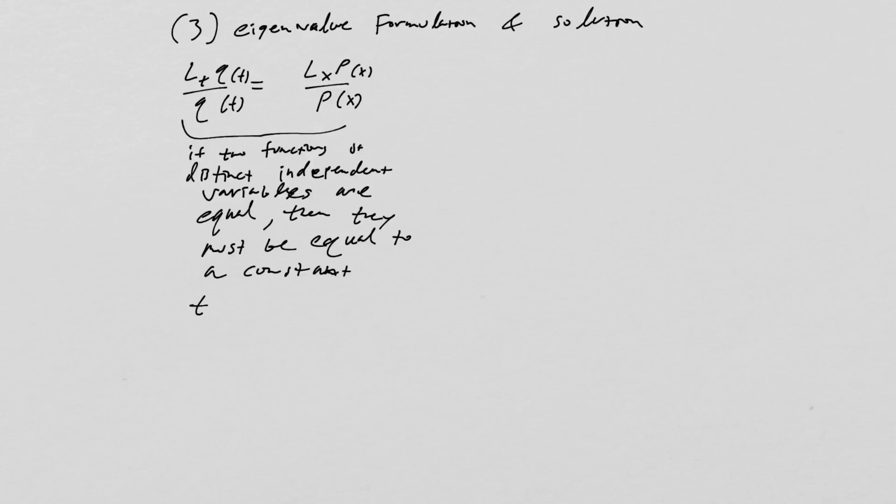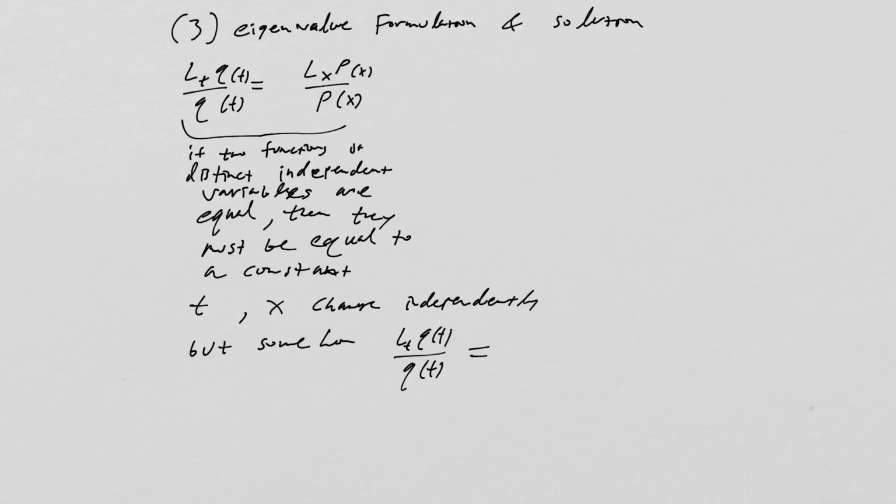If I move t, and if I change x, and I can change them independently, so if t and x change independently, but somehow whatever is on this side, which is only a function of time, must be equal to Lx of p of x over p of x.